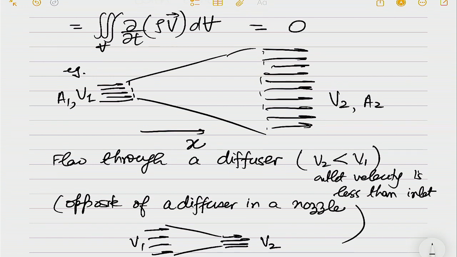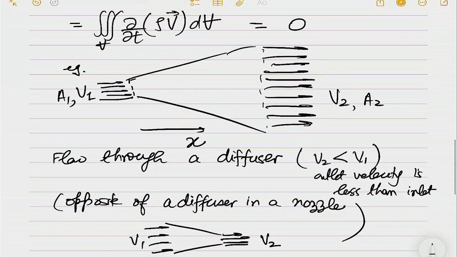And this is the situation which is given to us. Flow is coming in with velocity V1, it leaves with velocity V2, and we are asked to make the one dimensional approximation.